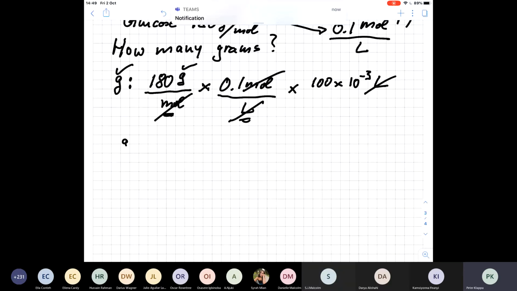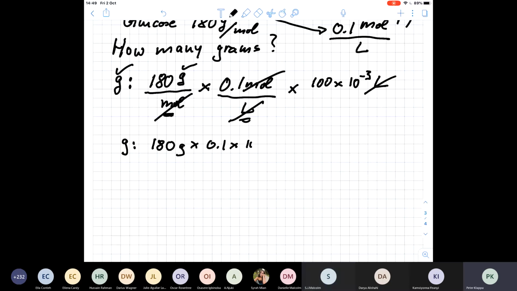So what I've got is 180 gram times 0.1 times 100 times 10 to the minus 3. And I just simply put that into a calculator, or I can do it in my head. And that gives me 1.8 grams.